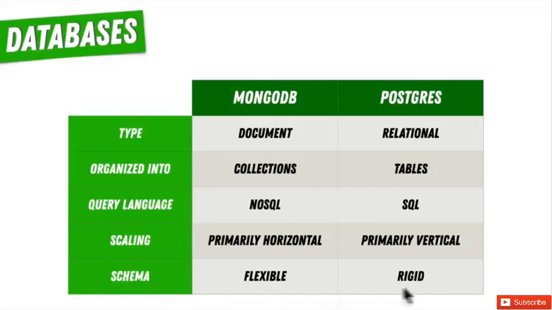With SQL databases like Postgres, our tables follow these rigid schemas that define, for example, what data is included in our friends table. SQL databases require that you know the schema of the data ahead of time when you initially create that database. In this way, SQL databases resist evolution.